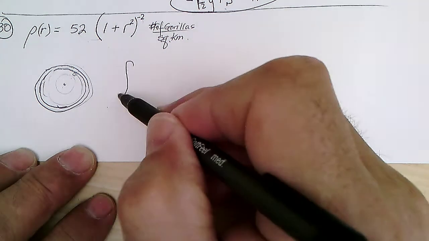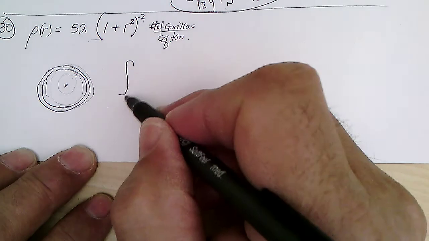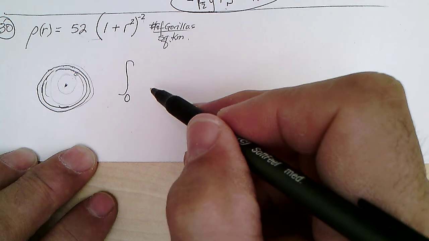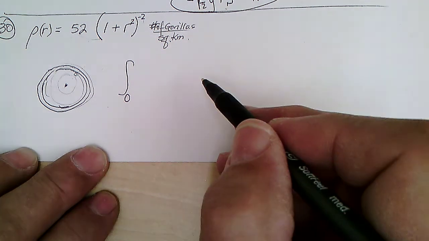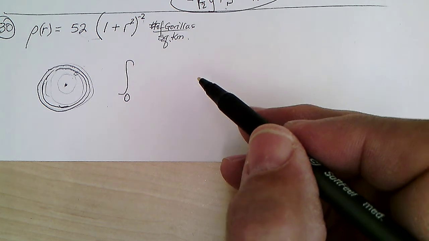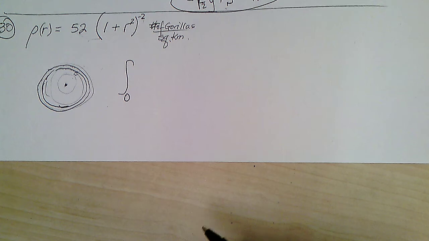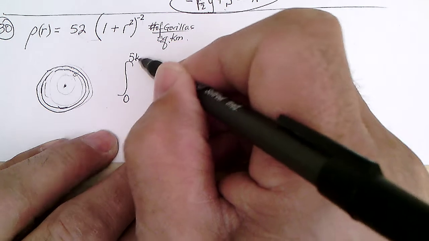So we want to add up the population from the center at radius 0 all the way out to, how far out? Where's the problem? Let's see here, to 5 kilometers, I believe. Yes, out to 5 kilometers.